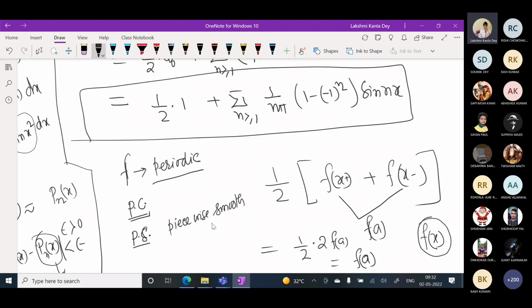That means we can say that the left and right derivatives of f'(x) exist at each of the points.